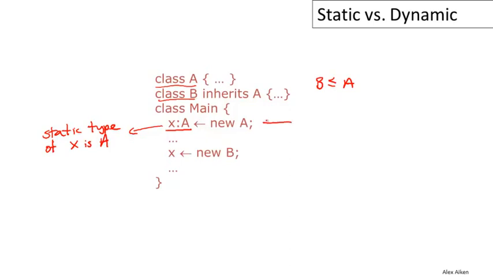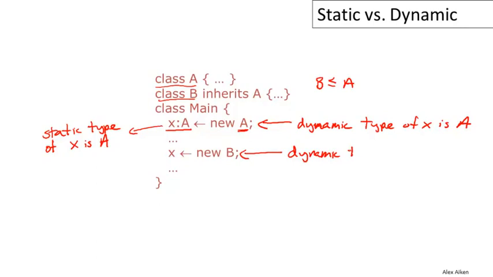And then here, when we execute this line of code, we assign a new A object to X. The fact that it's new is not important. All that's important is the fact that it's an A object. And so at this point, the dynamic type of X is also A. So at this line of code, when it actually executes, X, which was declared to have static type A, actually holds an object of class A. But a little bit later on, down at this line of code, the dynamic type is actually different.